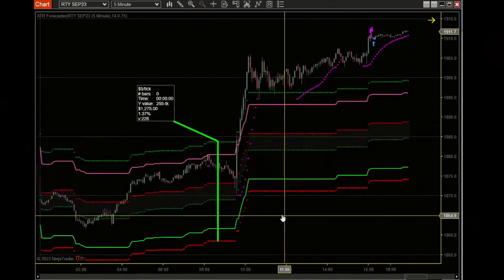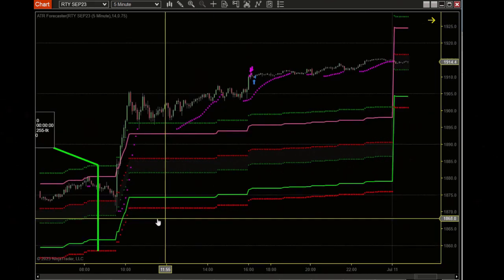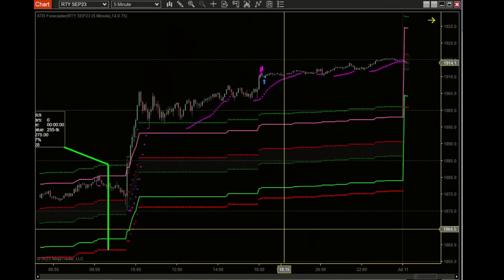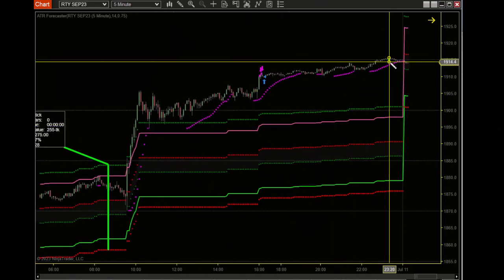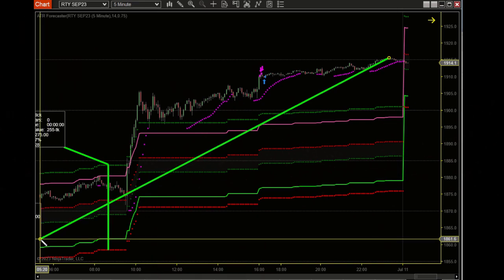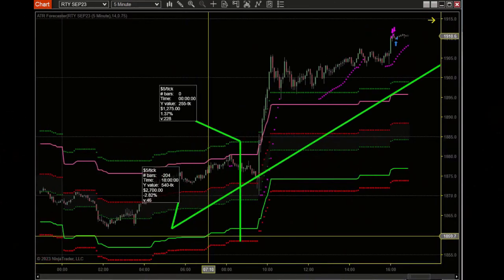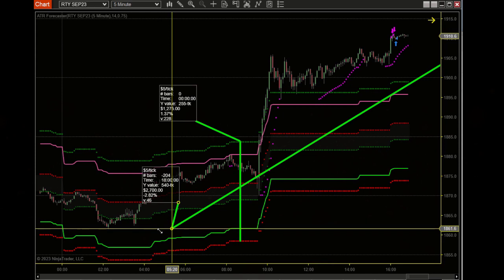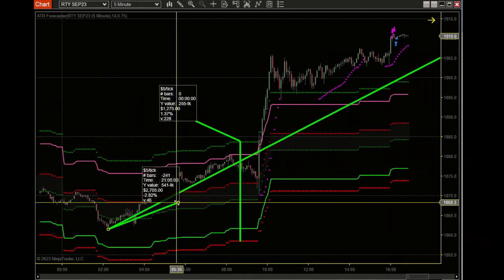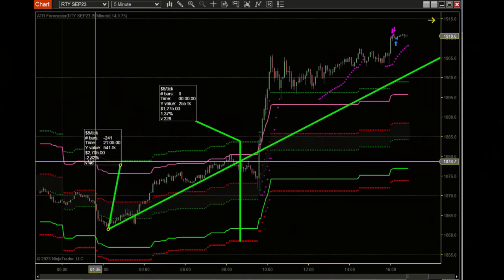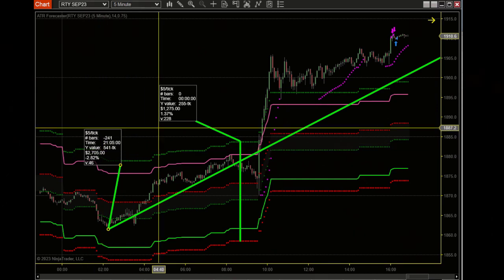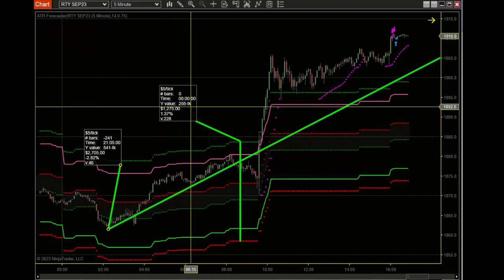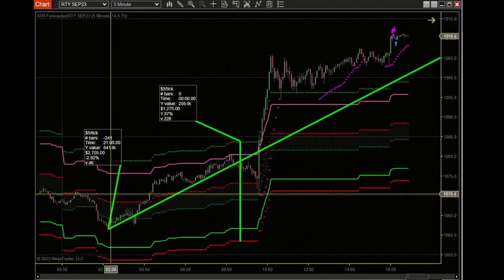Our range yesterday just kept on floating. Let's go all the way from here, all the way down to here. So the range yesterday was a 541 tick day against an average of 255 ticks, okay?